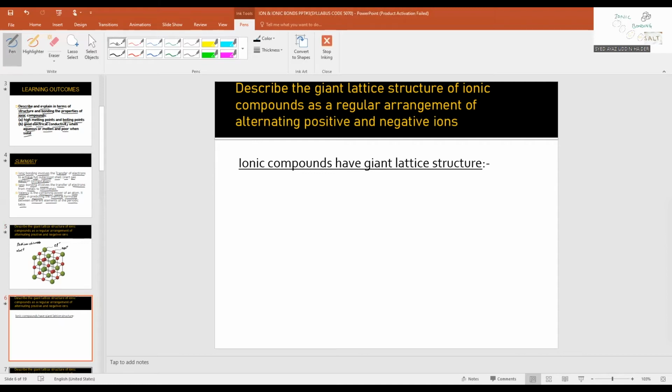Whenever ionic compounds are produced, there are lots of positive and negative ions: lots of Na positive ions and lots of Cl negative ions.